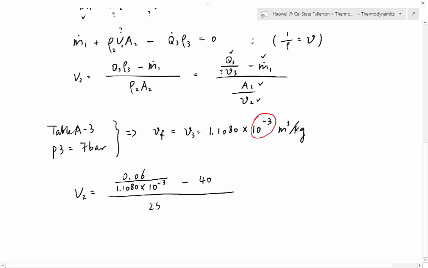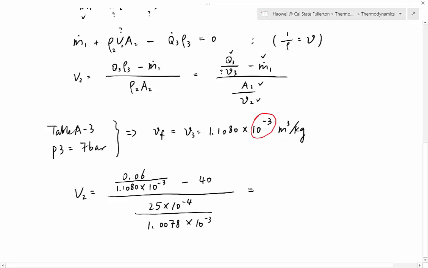A2 is 25 centimeters squared, so multiply by 10 to the negative 4 to convert it to meters squared. And then divided by nu 2. Nu 2 is given, 1.0078 times 10 to the negative 3, in SI unit.